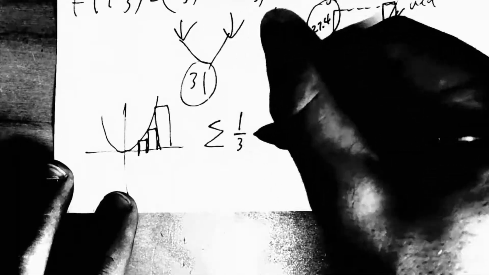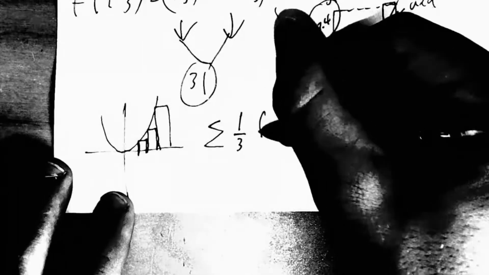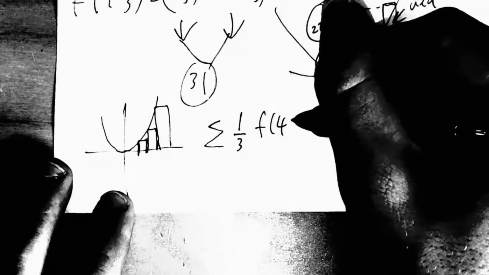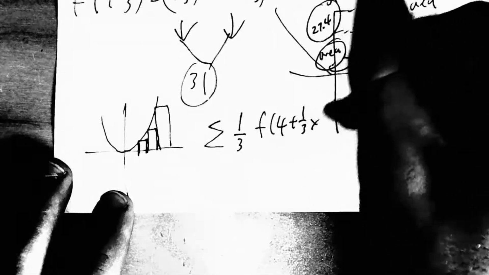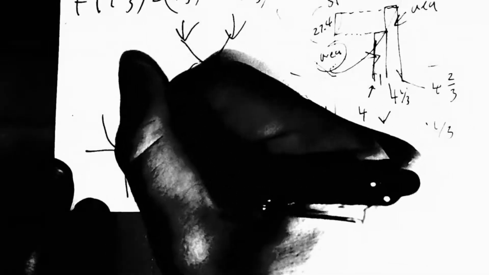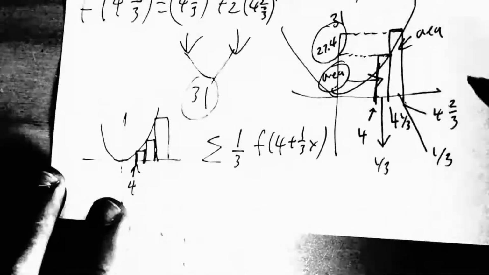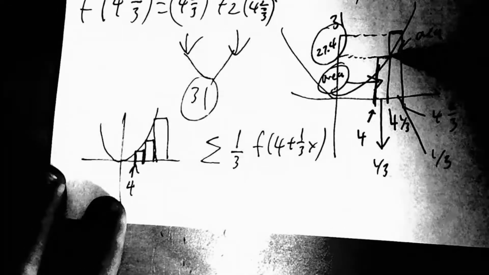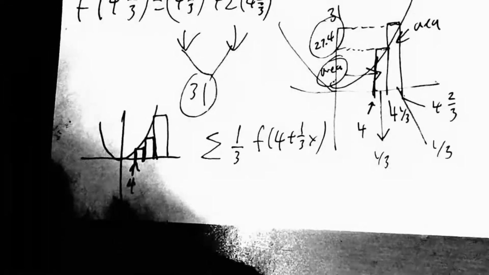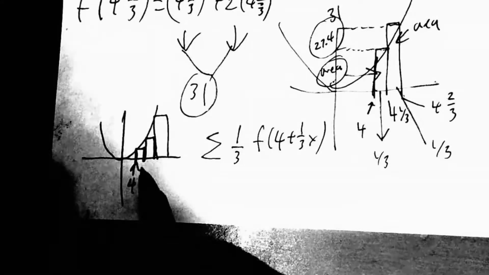The argument stays the same. It's going to be 1/3 f of 4 plus 1/3 x, right? But my first value, I want to be a 4, not a 4 1/3. Here I wanted it to be a 4 1/3 because I was taking the right side. Here I want it to be a 4 because it's the left side.